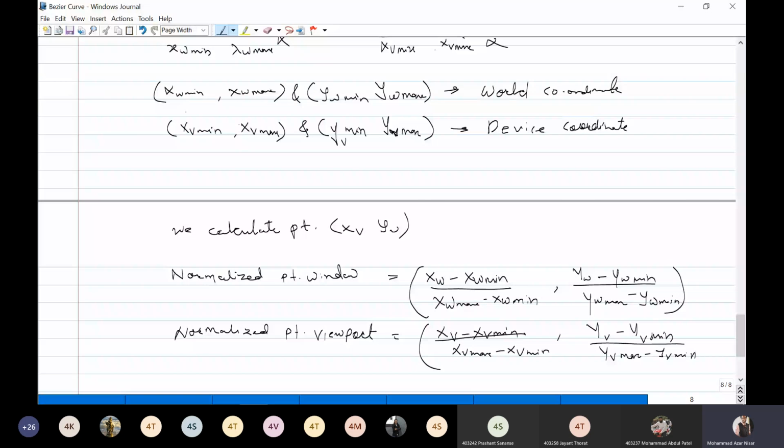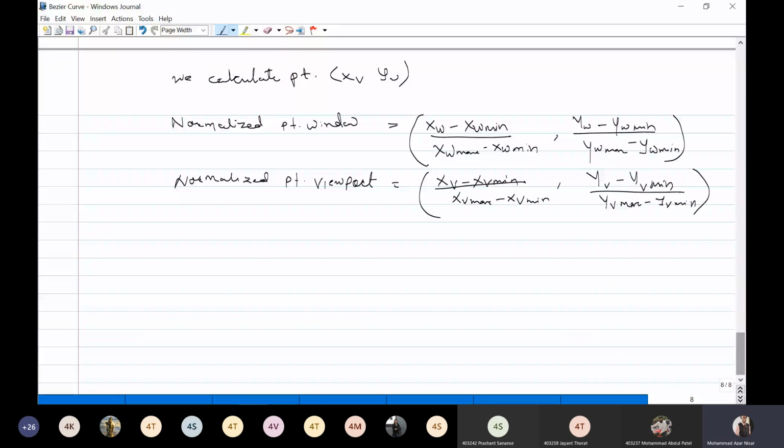Okay, then suppose we consider this for x coordinates and y coordinates separately. Then for the x coordinate, xw minus xw minimum divided by xw maximum minus xw minimum.